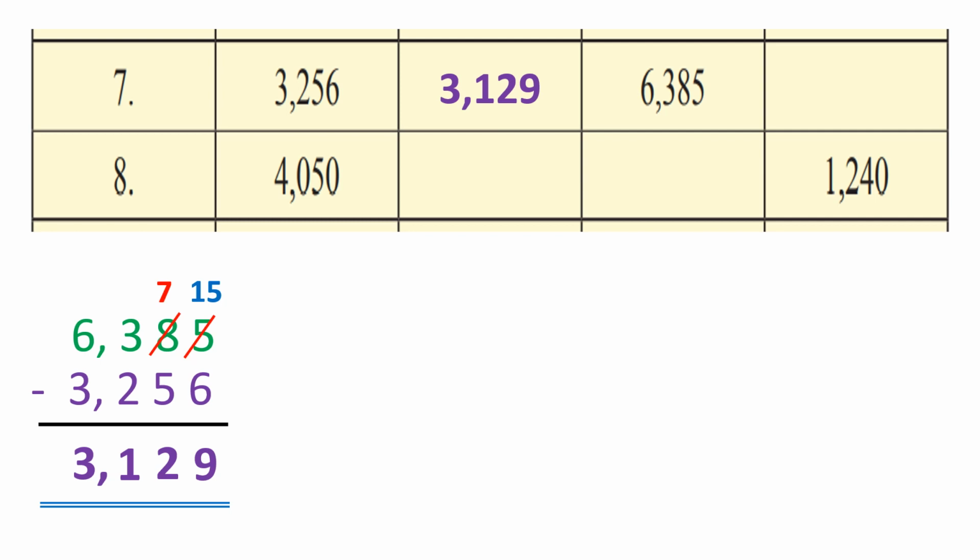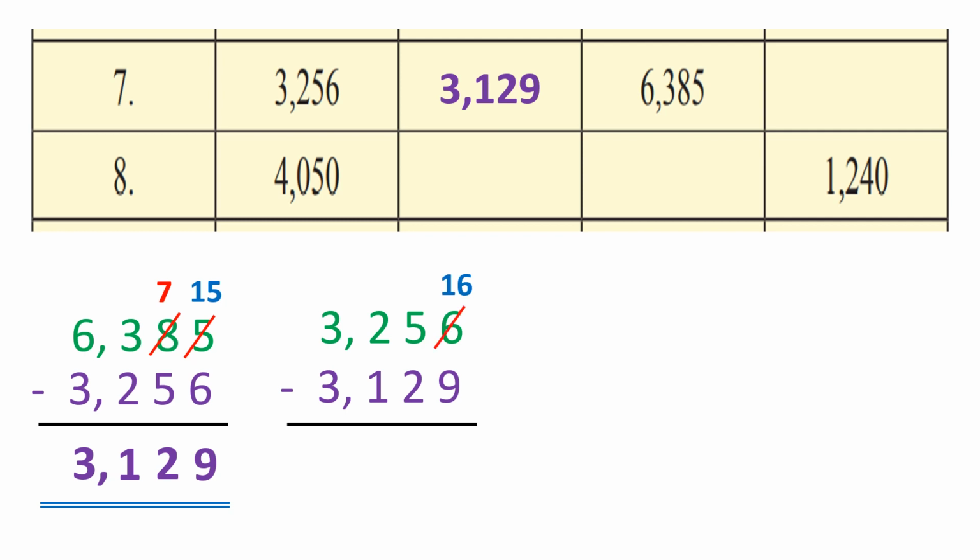And then for the difference, you subtract the first number and the second number. 3,256 minus 3,126. 6 minus 6 is 0. 5 minus 2 is 3. 2 minus 1 is 1.